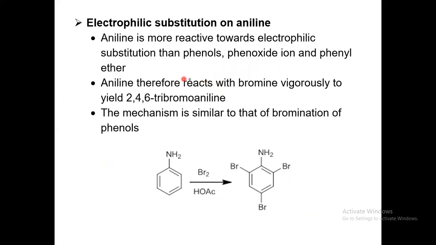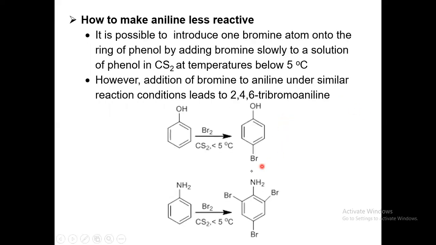Now, it will interest you to know that aniline reacts vigorously with bromine to give you tribrominated products. Under the conditions where phenol will give monobrominated products, when you give the same conditions to aniline, you will still get the tribrominated product.